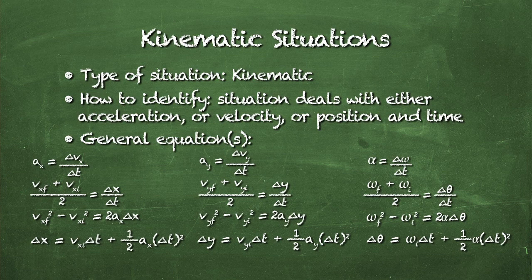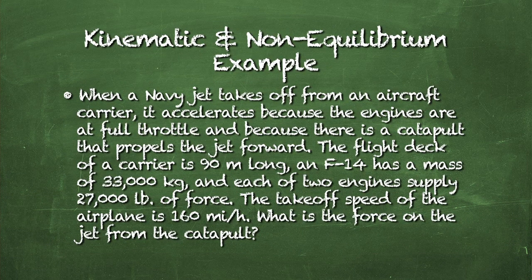Let's do an example. When a Navy jet takes off from an aircraft carrier, it accelerates because the engines are at full throttle and because there is a catapult that propels the jet forward. The flight deck of a carrier is 90 meters long.